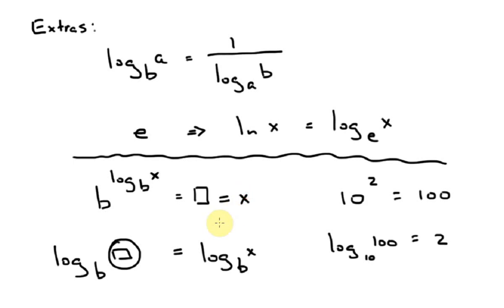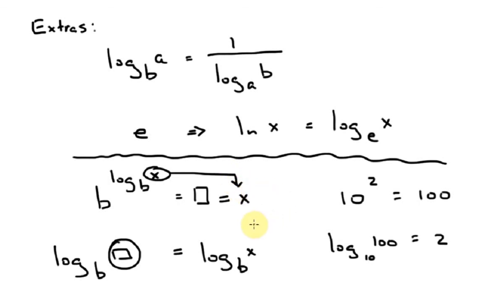That's a really cool little relationship here. If you have some sort of base number, b for example, and you have it raised to the log base b, then whatever is in the brackets is what the whole thing will equal.